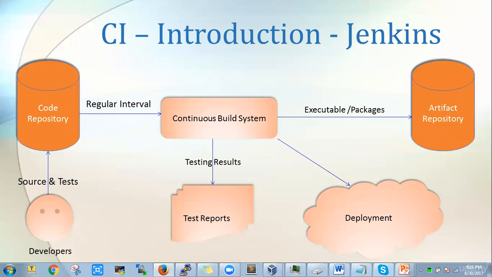Once I feel that this code is working properly, I can save it into my master branch. And from the master branch, I can pull that code into my continuous build system. The continuous build system has multiple plugins to build the projects. By using the continuous build system, I can build my project and save it into executables or packages.